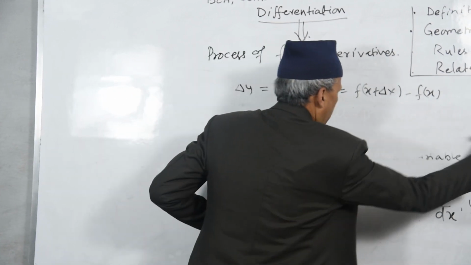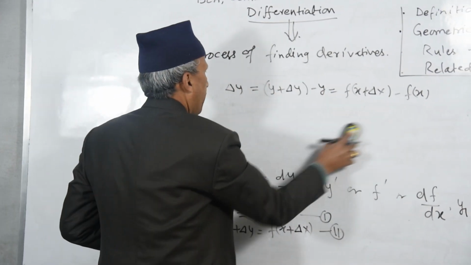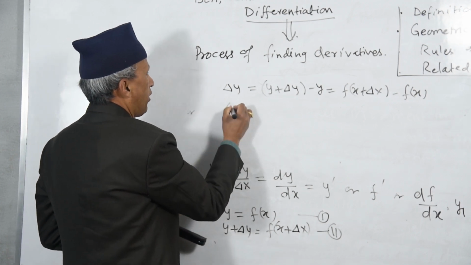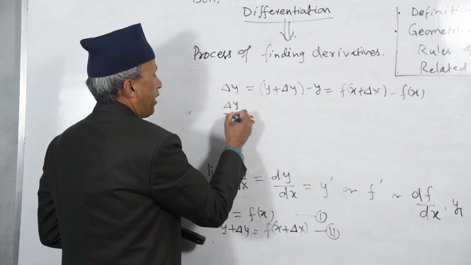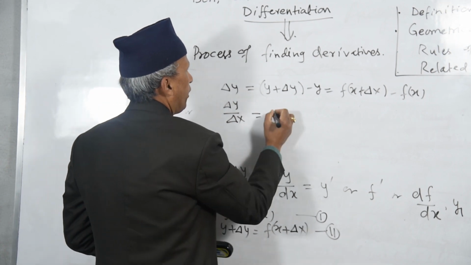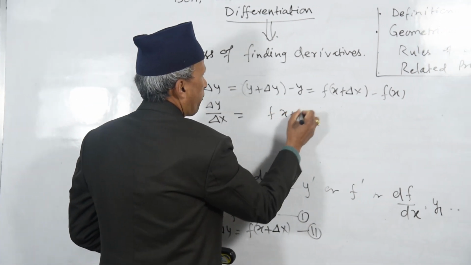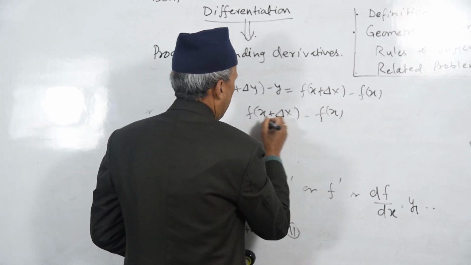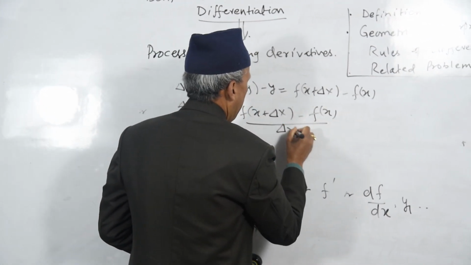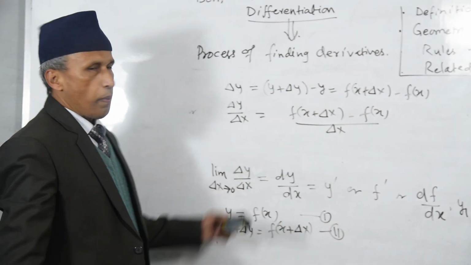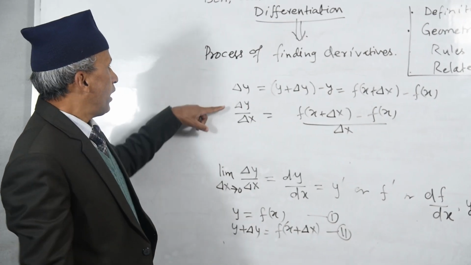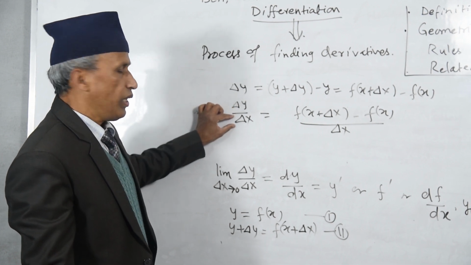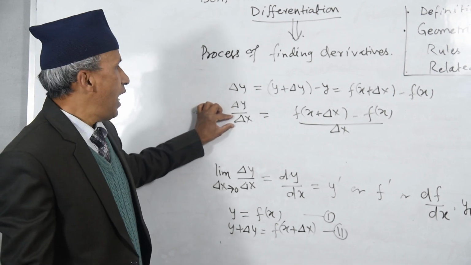So delta y by delta x is equal to f of x plus delta x minus f of x divided by delta x. This is the ratio of the increment delta y with the increment delta x.